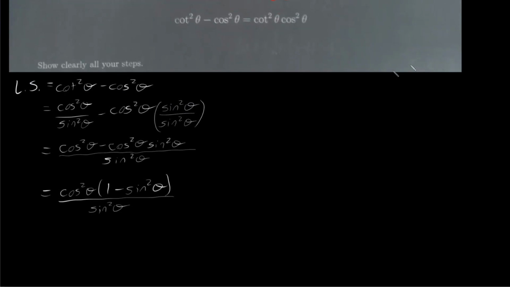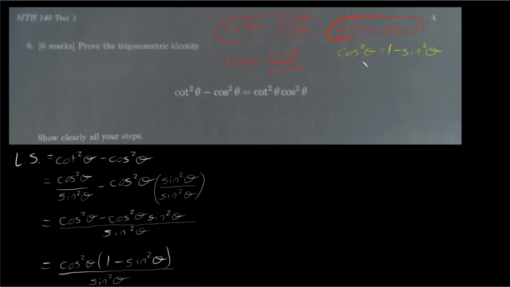And we have a 1 minus sine squared theta term here. So let's replace this 1 minus sine squared theta here with cos squared theta, and let's see what we end up getting. So we have cos squared theta on the outside, and now the 1 minus sine squared theta is being replaced with cos squared theta, and that is divided by sine squared theta.